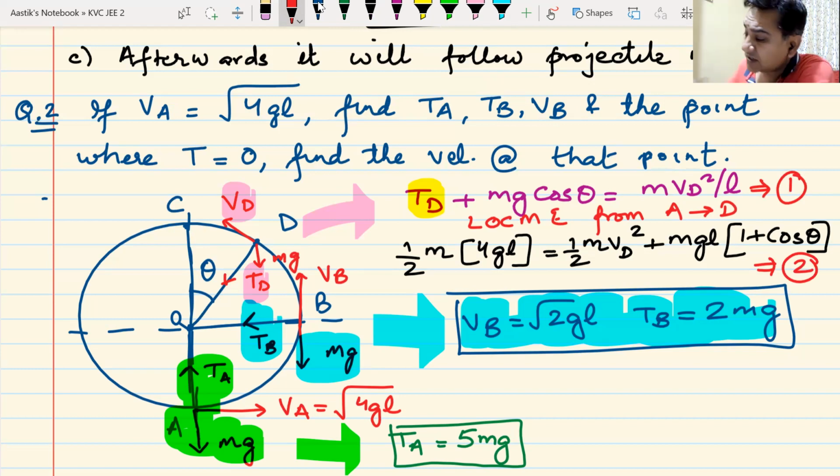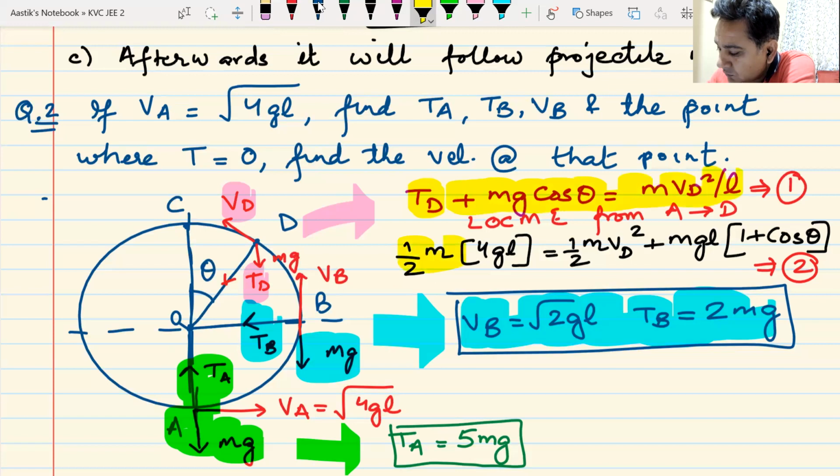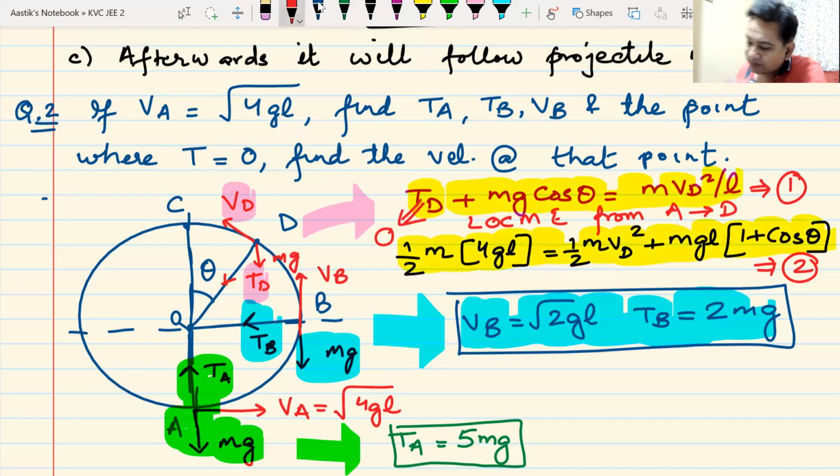I will leave this task to you to solve these two equations, which I am marking in yellow. TD is 0, remember that. Solve these two equations. I am not going to do it for you. M will get cancelled. Solve this equation and get me the value of cos theta from there.